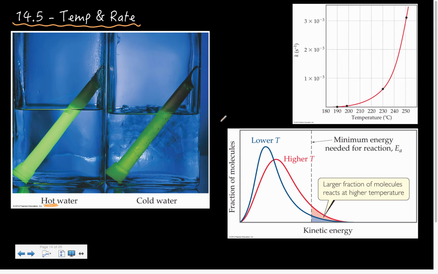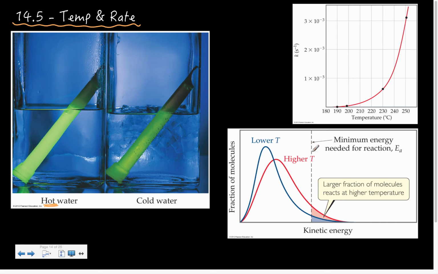Other things to think about when we're talking about temperature and rate: this is going back to the fraction of molecules. Each graph represents the same total number of molecules of a given sample. As we increase the temperature, going back to kinetic molecular theory, on average our molecules have a higher kinetic energy, meaning more of them have higher kinetic energy than before.